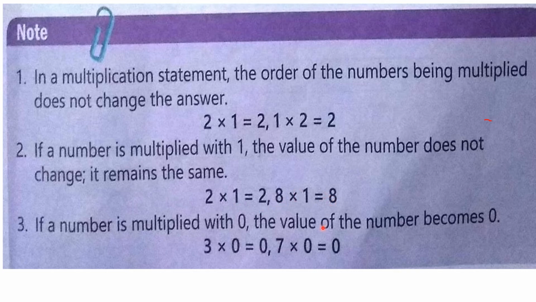Got it? Next, if a number is multiplied by 0, the value becomes 0. 3 multiplied by 0 is 0, 7 multiplied by 0 is 0, because we are multiplying with nothing. 0 means nothing, so the answer will also be nothing. Got it? So in this way we will write.